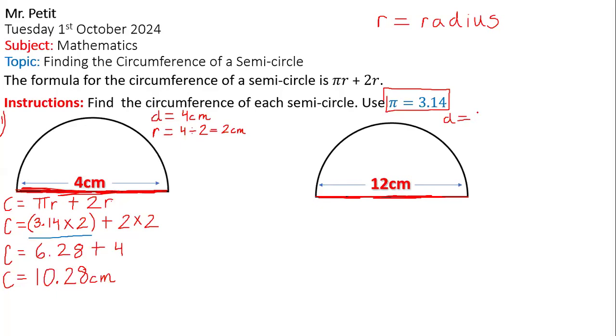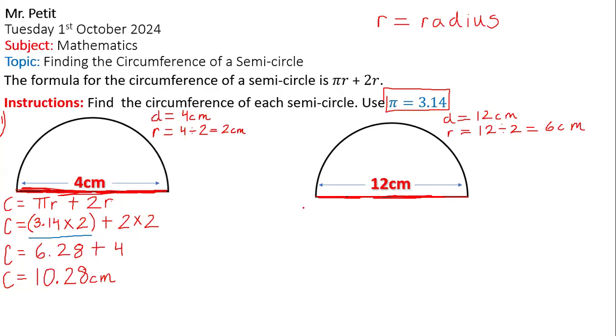Diameter. It's the diameter, very good. So it's 12 centimeters. Now, how are we going to get the radius? You have to divide the diameter by 2. Very good. So 12 divided by 2 is 6 centimeters.